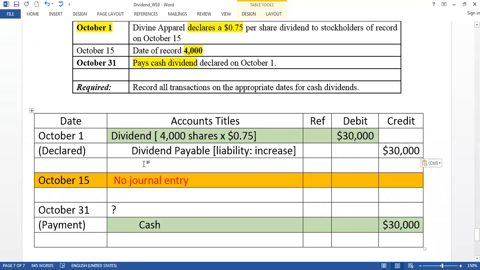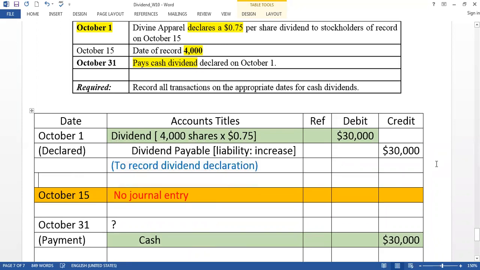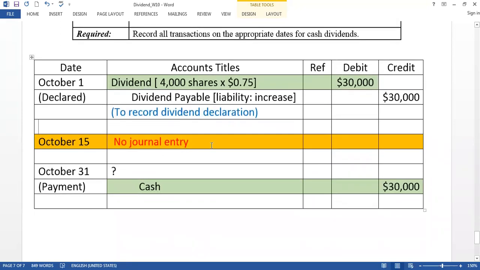And we have to write a narration to record dividend declaration. And on October 15, no journal entry.